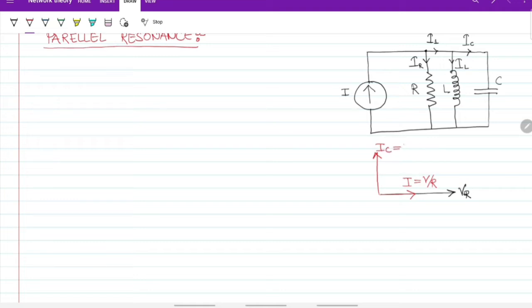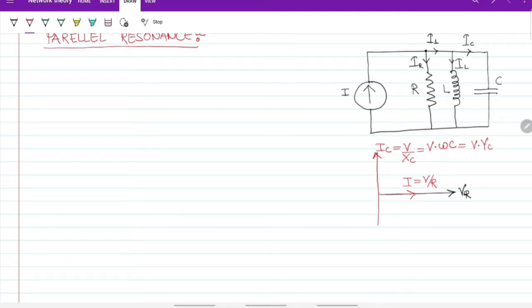This will be V by XC, which can be written as V into, XC is 1 by omega C. So this can be written as V into omega C, or we can write this as V into YC.